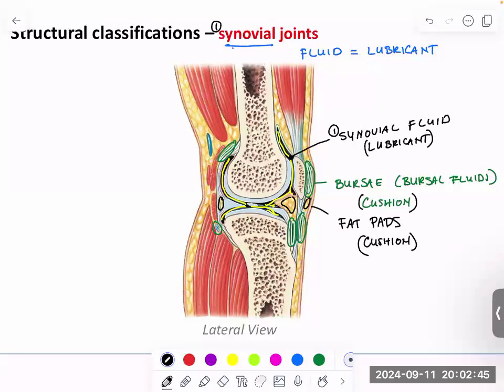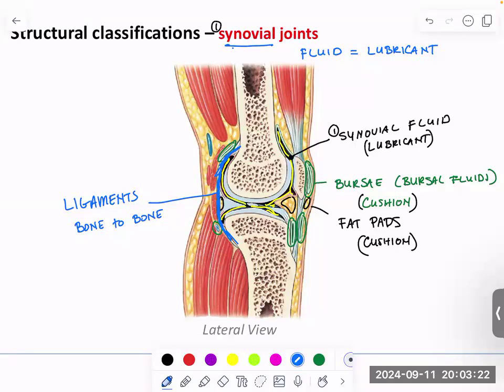Joints will have ligaments. There's a ligament back here. Ligaments are where bone holds on to bone. If it's a bone to bone attachment, it is a ligament. It holds the bones together. It prevents them from slipping when there's movement.